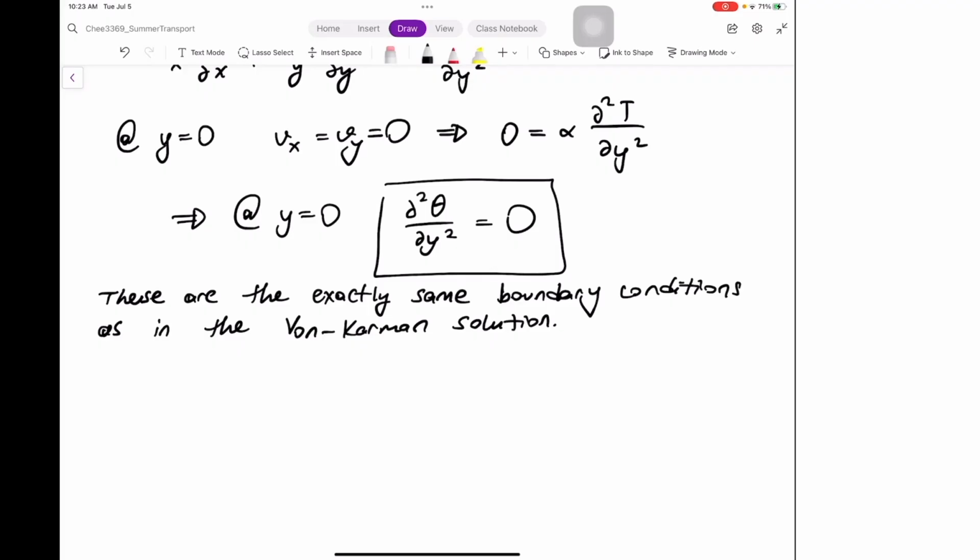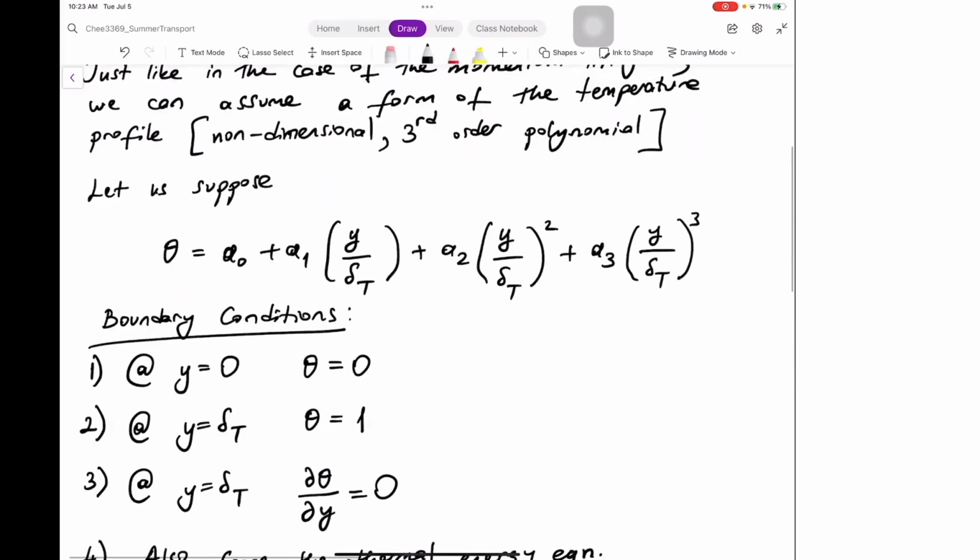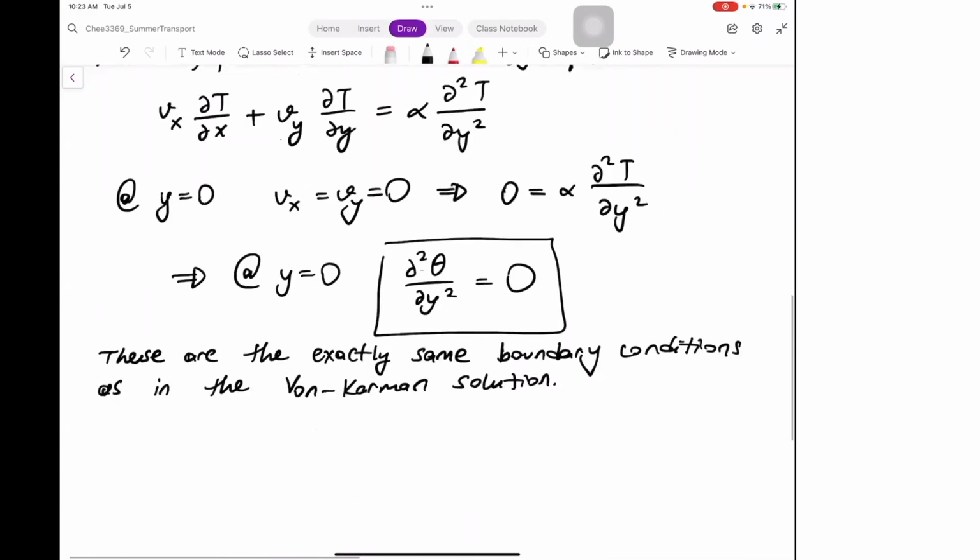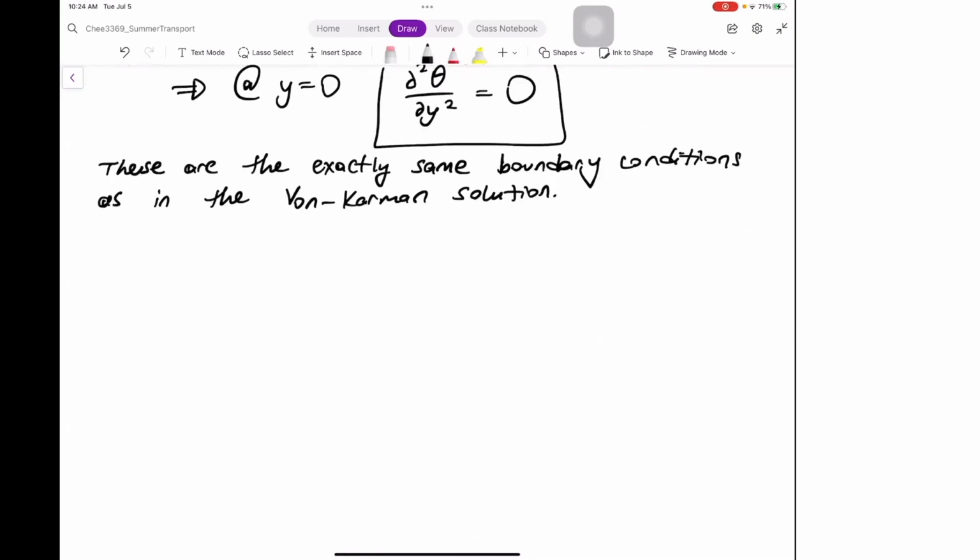So why am I writing it here? Because the question is, do we need to redo it and find these A0, A1, A2, A3? No, we don't need to redo it, because we know that those give us A0 is equal to 0, A2 is equal to 0, A1 is 3 over 2, and A3 is negative 1/2. So I should just write down the solution, right?